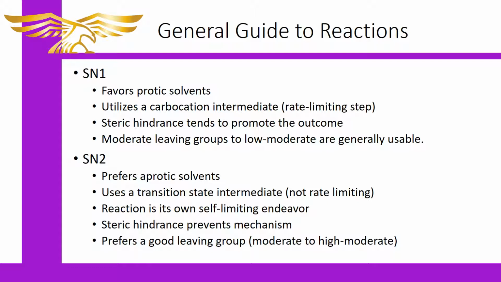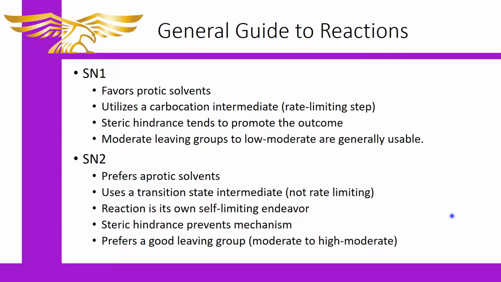It prefers a good leaving group. And what we mean by a good leaving group is the relationship that objects going down the column tend to be bigger in size, and the bigger the size, the better the leaving group tends to be.